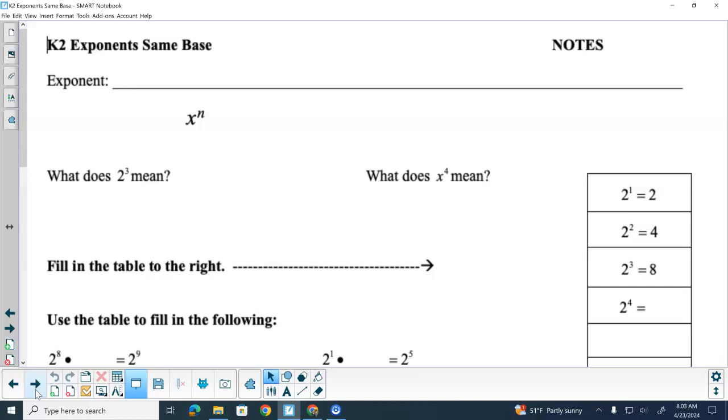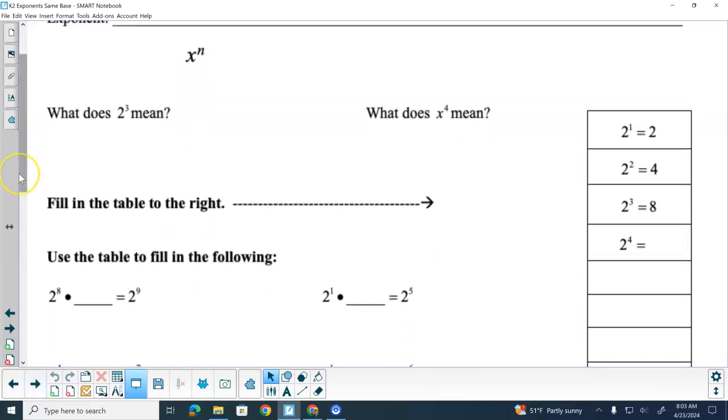Okay. What does 2 to the second power, or 2 squared, what does that mean from yesterday? I know it's equal to 4, but what does it truly mean from yesterday?